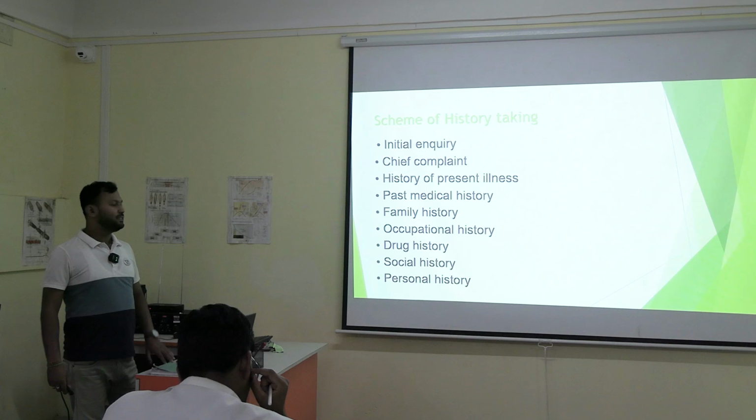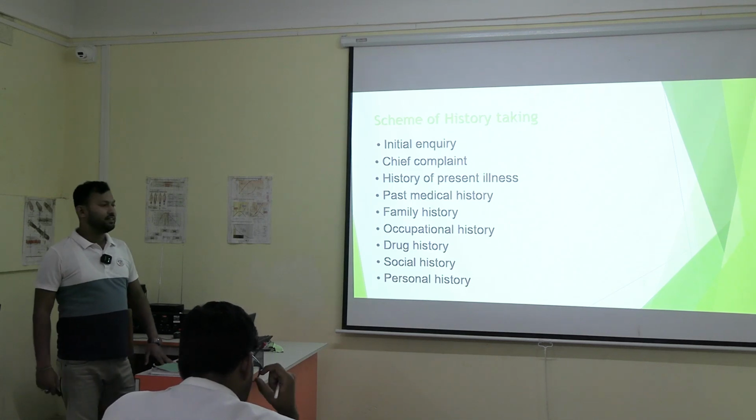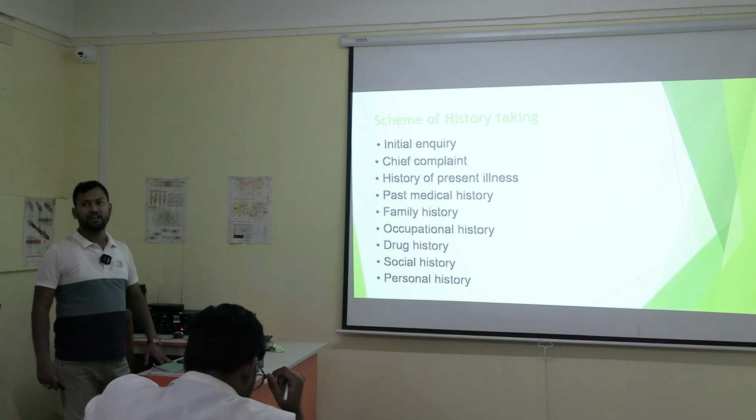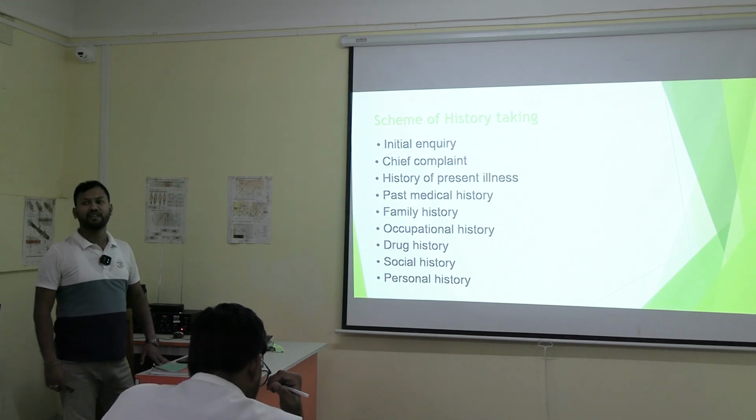Then about his personal history. In personal history, there is also history of addiction or any substance abuse. So we will also ask about these things. These are the basic things we will be asking the patient in general.